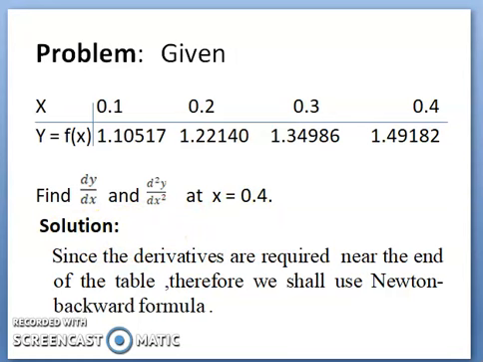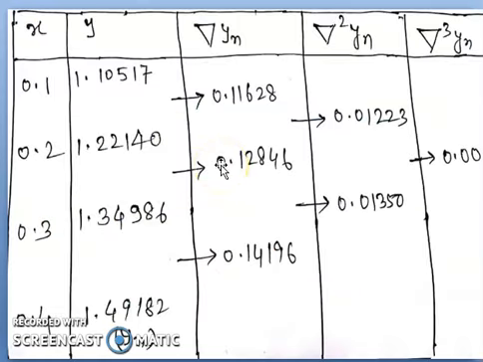So here is the table of Newton backward formula. This is the operator of backward. The values of x are 0.1, 0.2, 0.3 and 0.4, and the values of y are 1.10517, 1.22140, the third value of y is 1.34986, and the last value of y is 1.49182, that is yn.